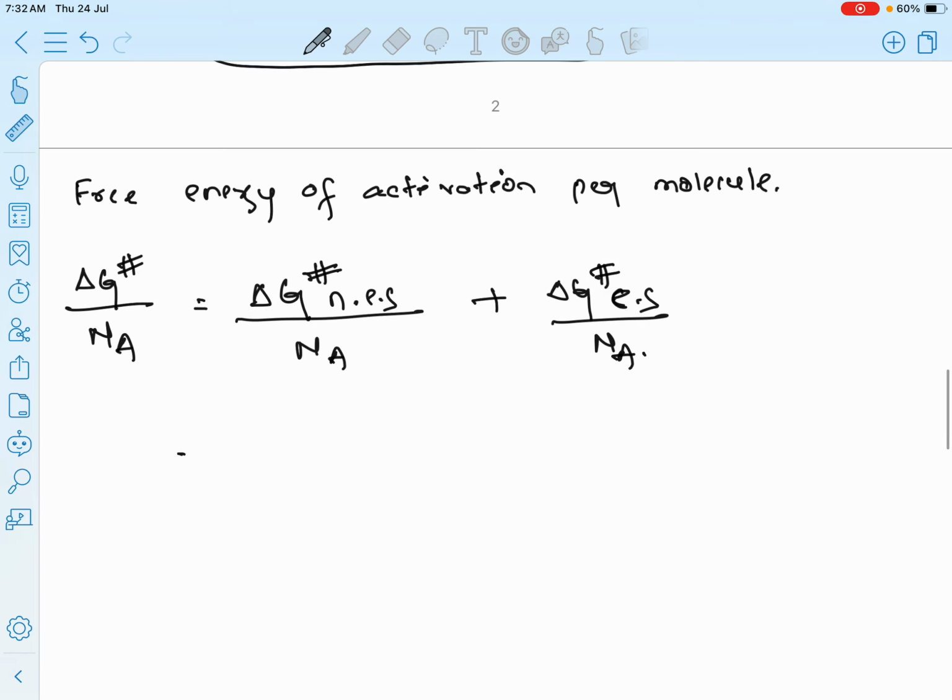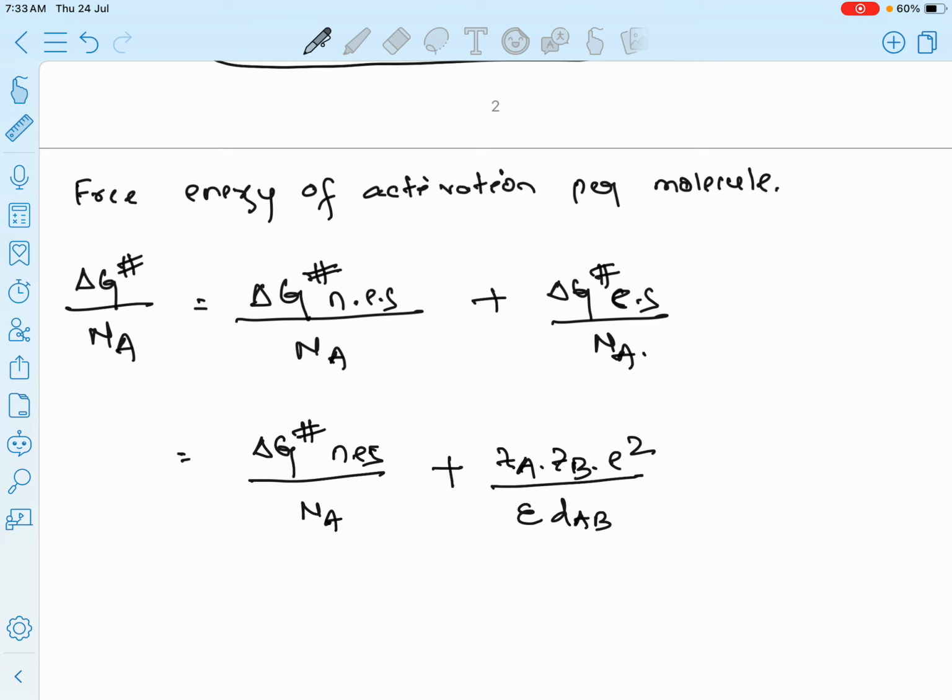So now we will use the expression we have just calculated. This is ZA into ZB into E square divided by epsilon DAB.